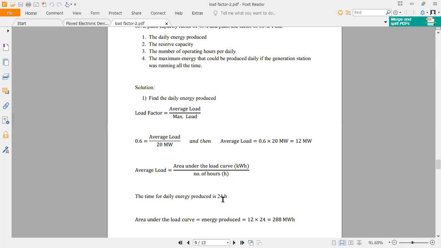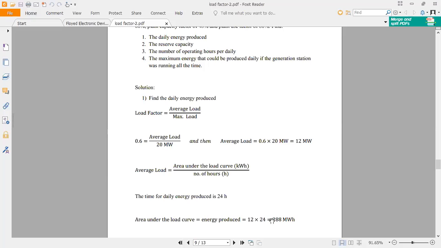We already found the average load, so we have to find the area under the load curve. The average load is 12 megawatt, multiplied by 24 hours.